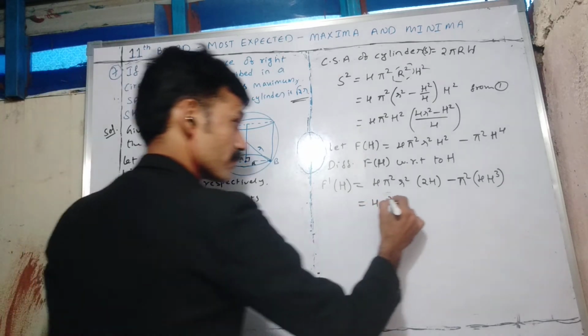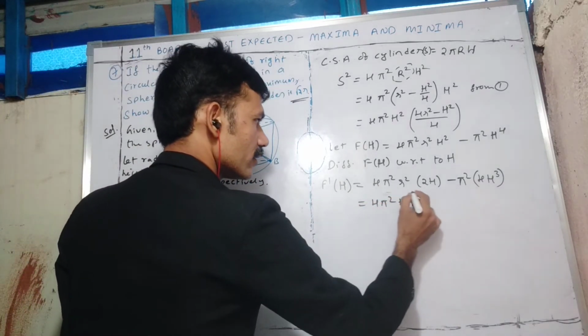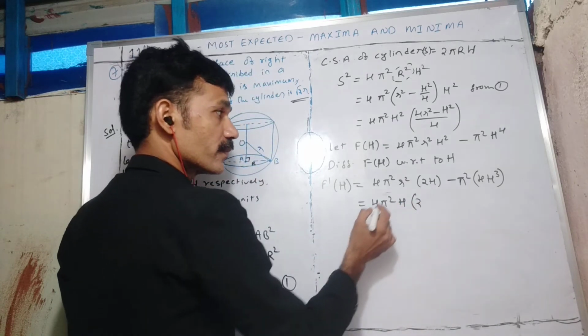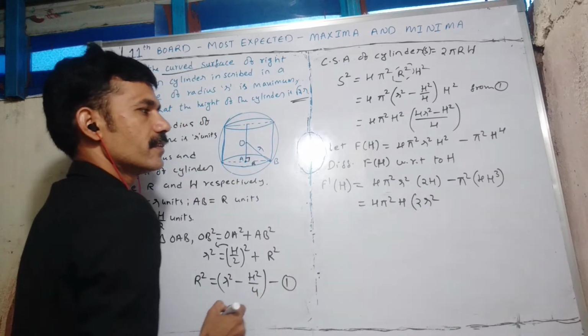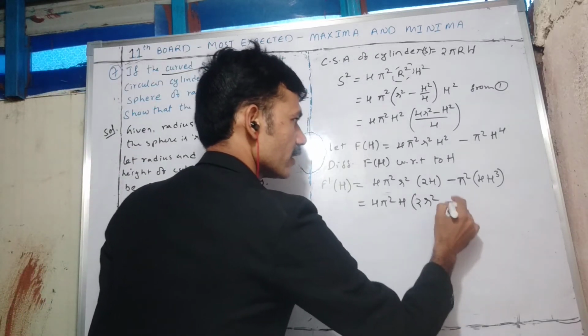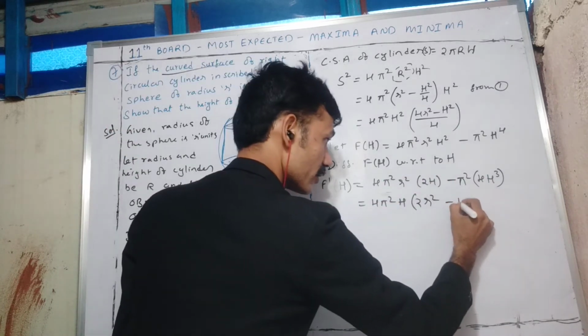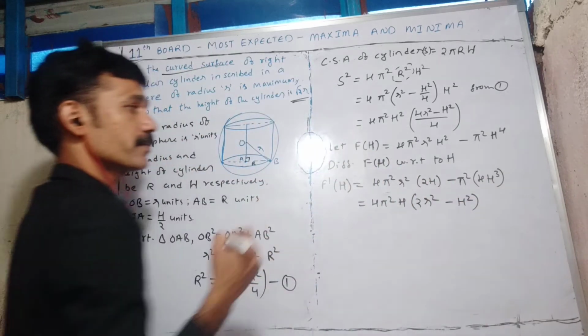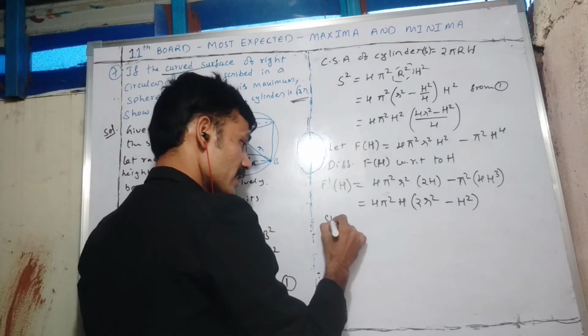h is common, see. If you take h common, 2 will be left over and r² is there. Minus π² went out, 4 went out, 1 h went out, so what will be left over? h² will be left over. This is f'(h). We can find the stationary point.